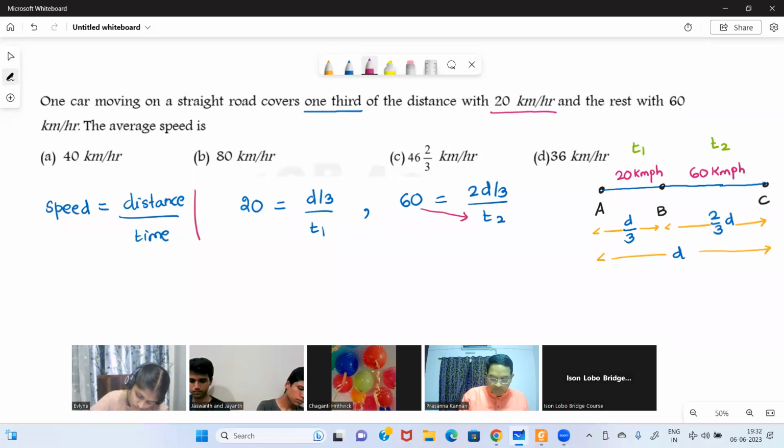Now I'm going to take T to the other side and bring the speed down. So T1 will be equal to D by 3 divided by 20, and T2 is going to be equal to 2D by 3 divided by 60.